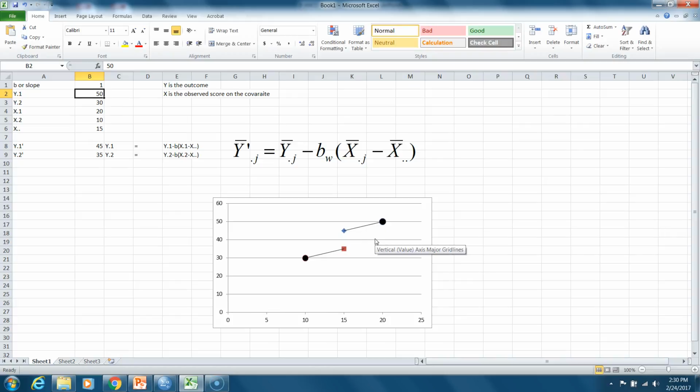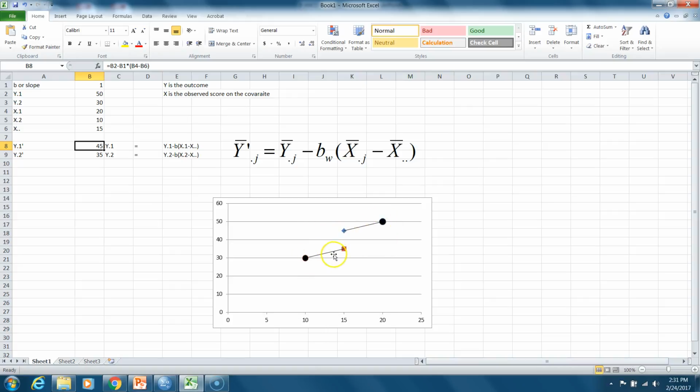Starting with 50, the slope is 1, so we adjust based on our model: x1 is 20, and the grand mean is 15, so we've actually removed about 5 points of effect from the model. That means we have gone from 50 down to 45.